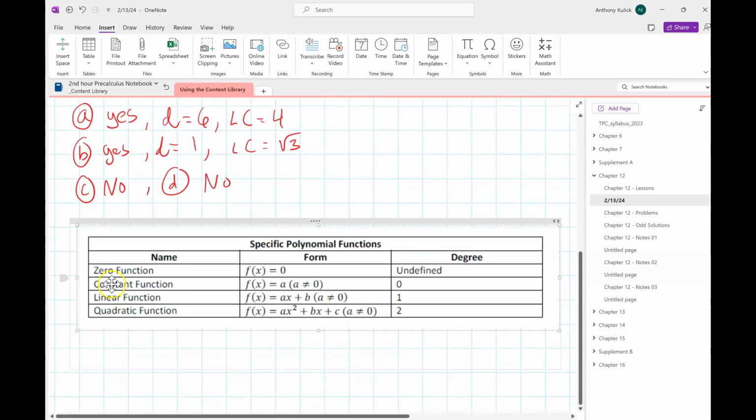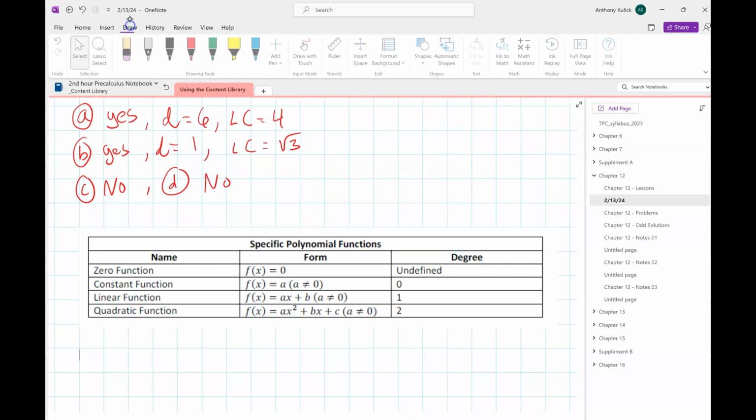So what do we call a polynomial that has a degree 2? It's quadratic. What do you call a polynomial at degree 1? Linear. What do you call a polynomial at degree 0? Constant. And then if you don't have a degree at all, it's a 0 function.